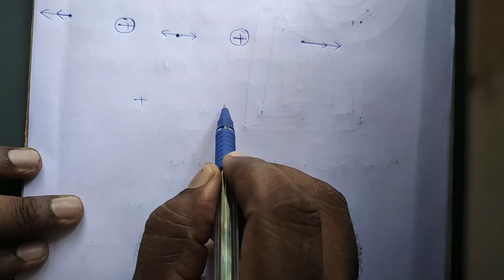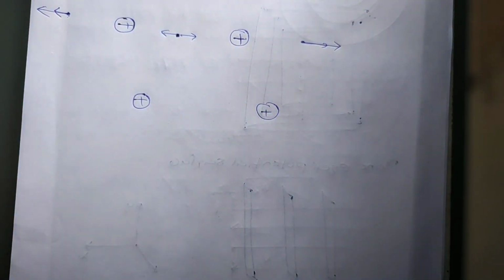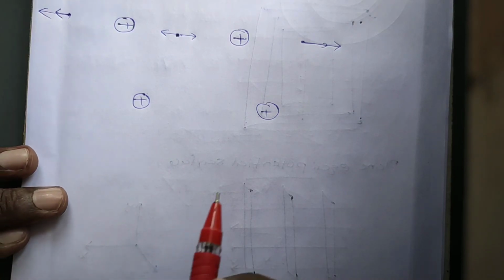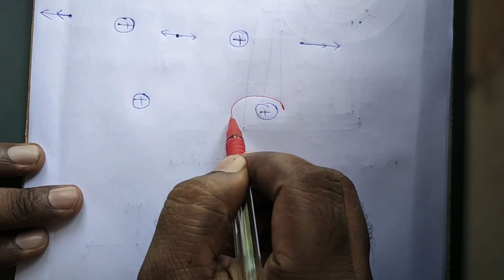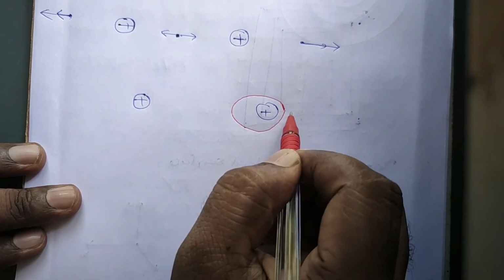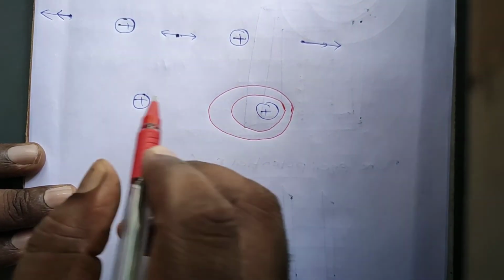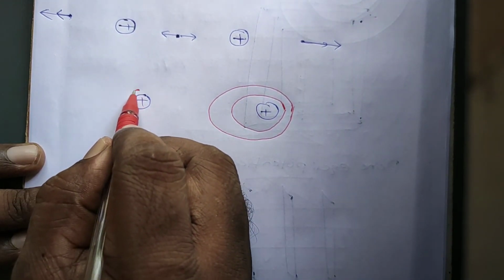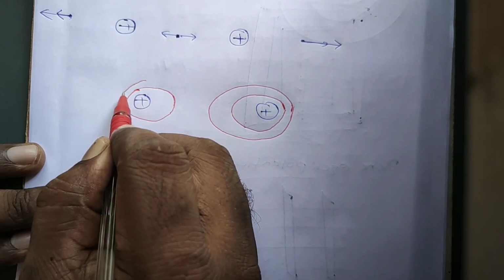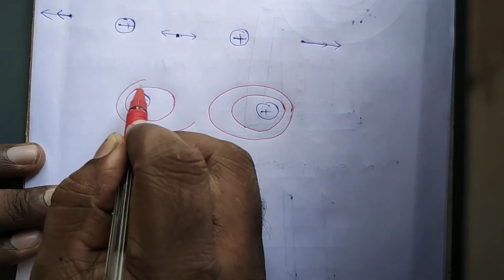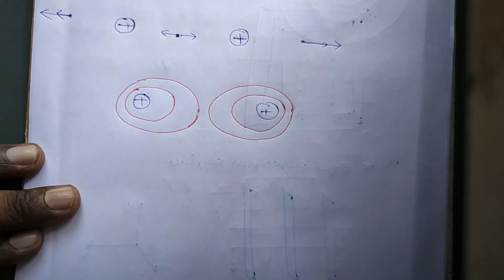Clear? Positive and a positive charge. Okay, so we have to draw the equipotential surface. Clear?